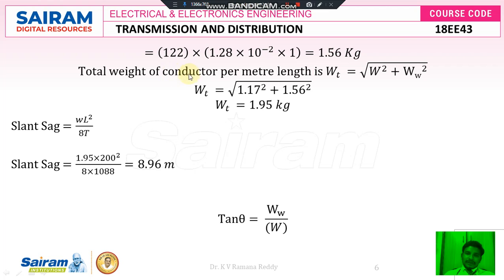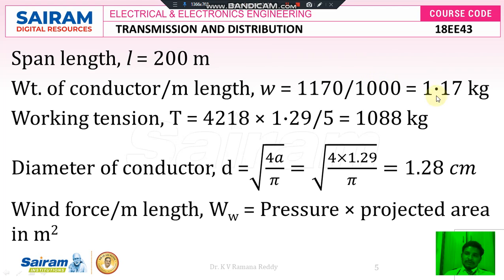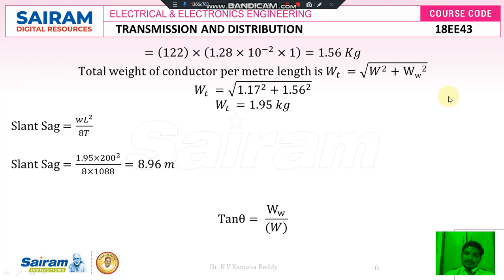The total weight of the conductor per meter length, Wt, is equal to square root of W square plus W suffix W square. Here W is 1.17, which was given as 1170 kg per kilometer, and I converted it into meters, 1170 divided by 1000, that is 1.17 kg per meter.